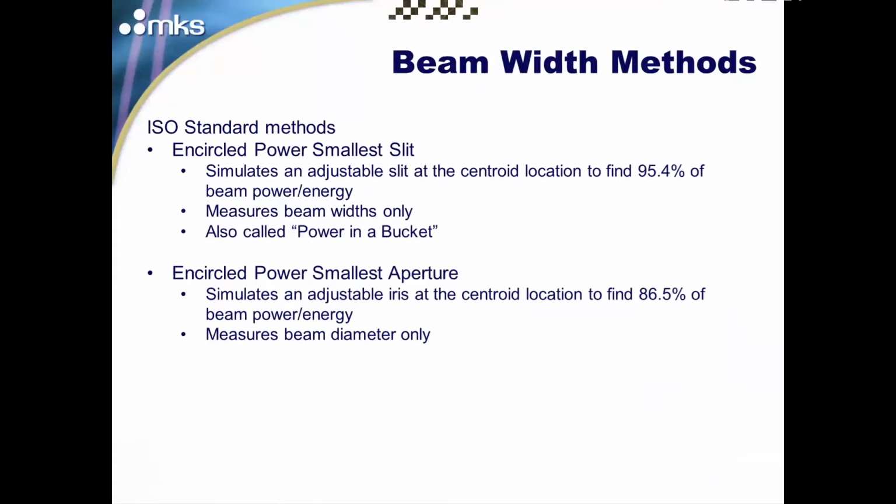If you need a diameter result from that, it does not do that. The encircled power smallest aperture measures beam diameter only, not widths, along 2 separate axes, and that simulates an adjustable iris at the centroid location to find 86.5% of the beam power or energy.